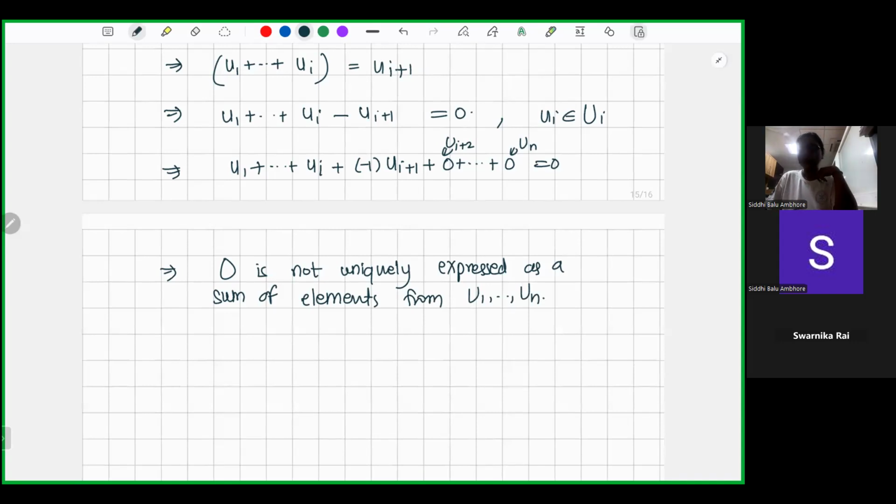Okay, so that's why. When we say something is a direct sum, the expression becomes unique. And that's what is not happening in this case. There are elements in the intersection of these subspaces. Is this okay?